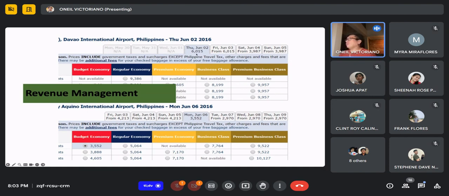So, merong analytics like revenue management that looks into past history. So, punuan ba siya na seat on a particular weekday or weekend, or patterns, multiple bookings for that particular date. So they call it revenue management, which is part of analytics.